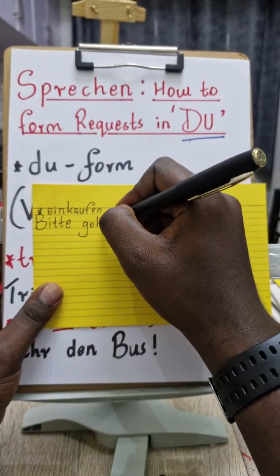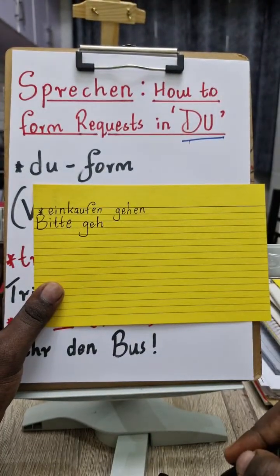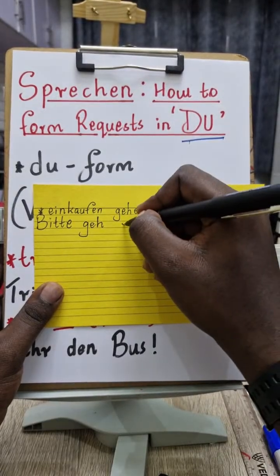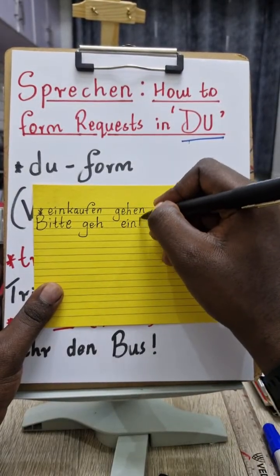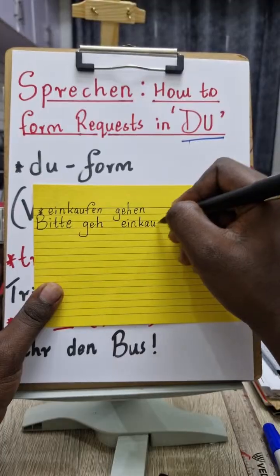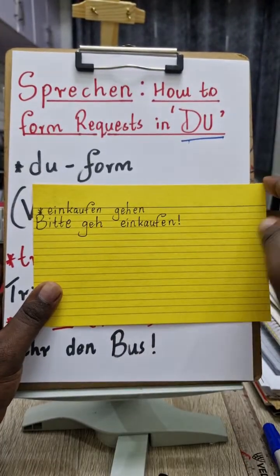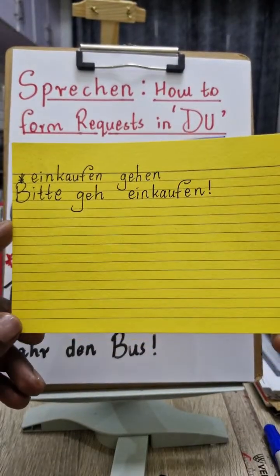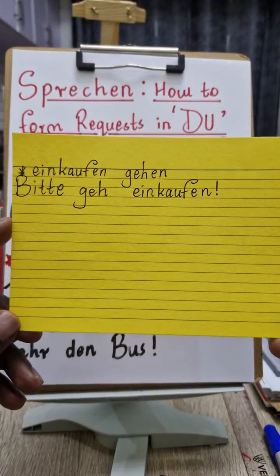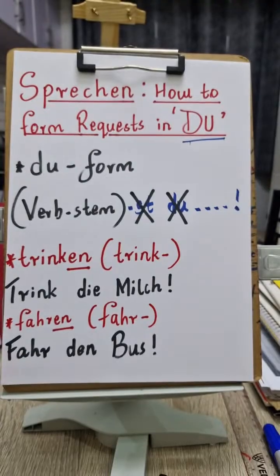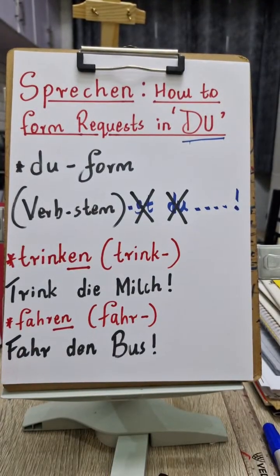Now in some books they will tell you to add an e for pronunciation purposes. Bitte geh einkaufen. Please go shopping. All right, sehr gut, sehr gut.